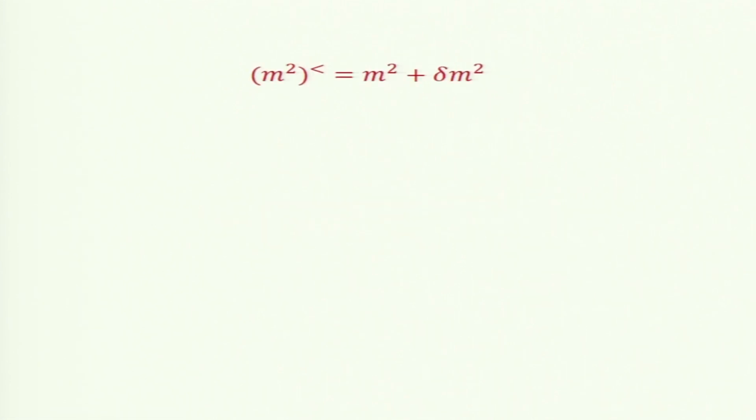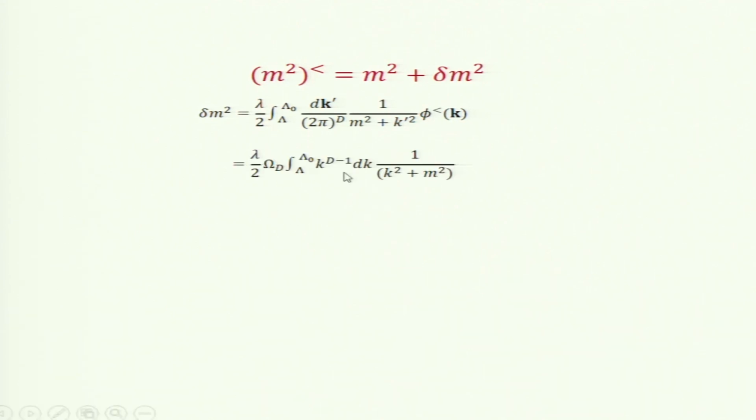So, this is my equation. Here I get delta m squared, this is the formula I showed you. Now, the next step is easy, this omega d is the surface area, but this integral we want to do slightly more carefully.